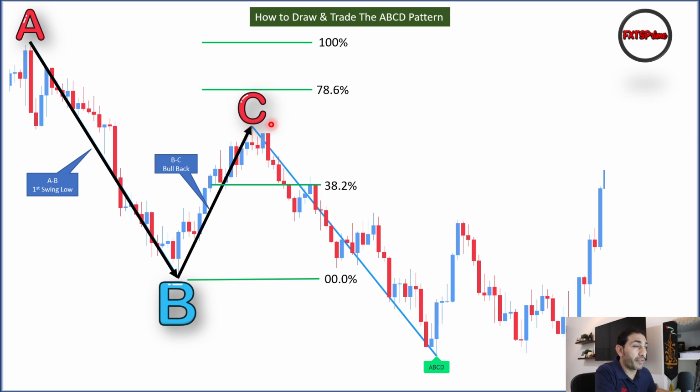So below 78.6, above 38.2. Now we call this movement BC, and this is the pullback of the pattern. So now you see this is the retracement, and the retracement started from 0, and we're supposed to have the price close in between these two levels. So this is the first condition.